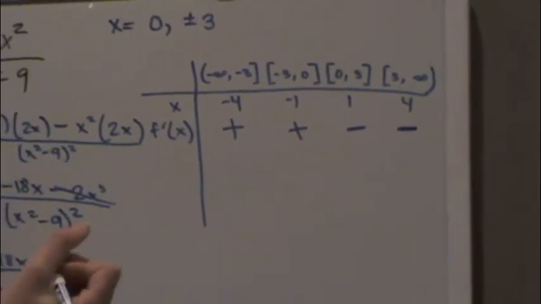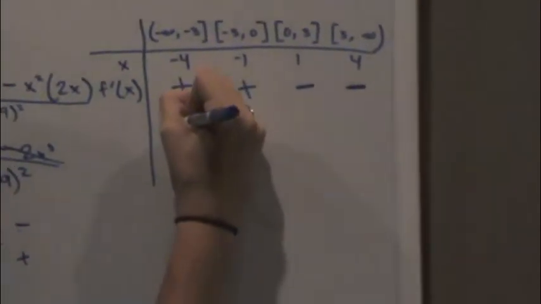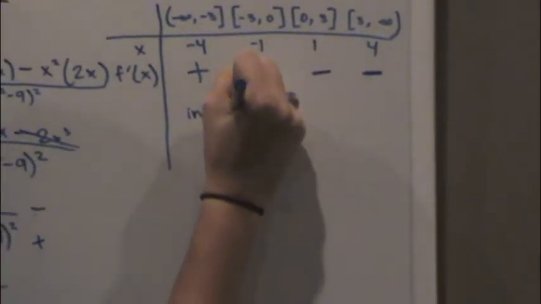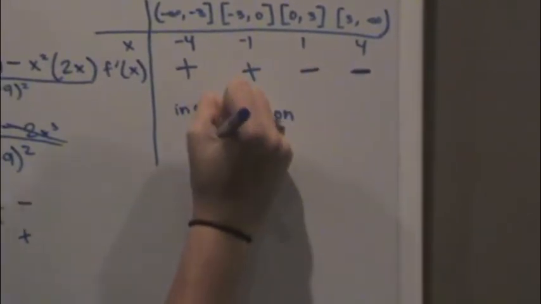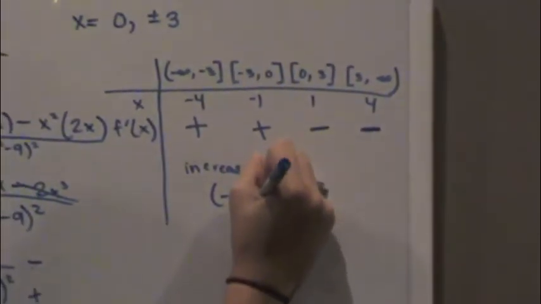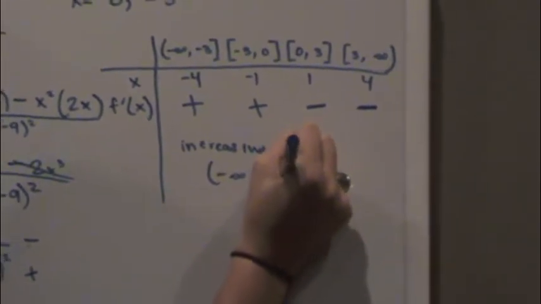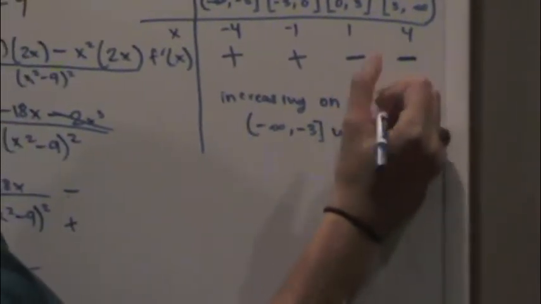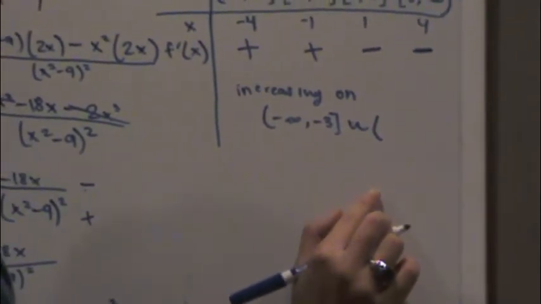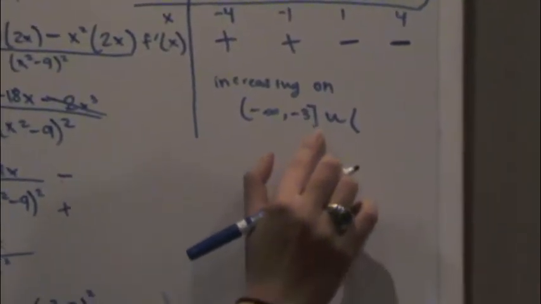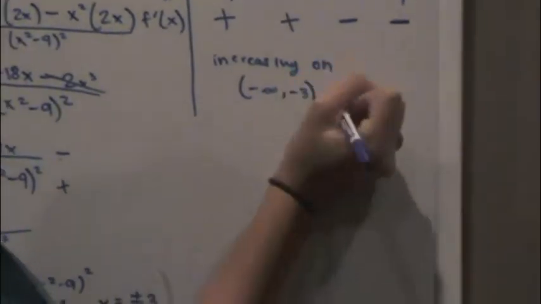So if you wanted to write this out, you could say increasing on. And there's no bracket on the negative 3 because you're not including negative 3, because there's no slope there. No slope on negative 3.